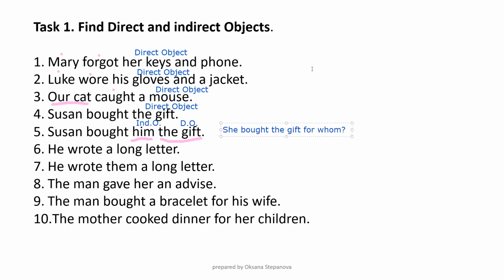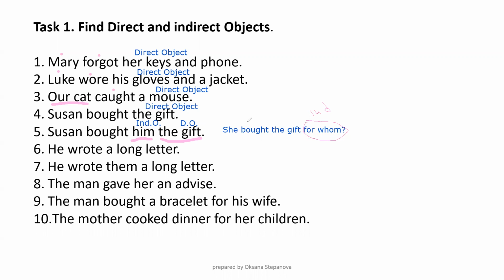If you ask this, she bought the gift for whom, this will be your indirect object. She bought the gift for him. If we put the indirect object after the direct object, we will need to use a preposition. In this case, we have for.